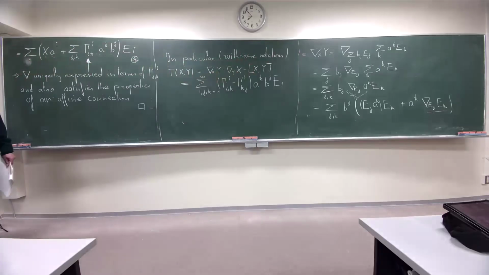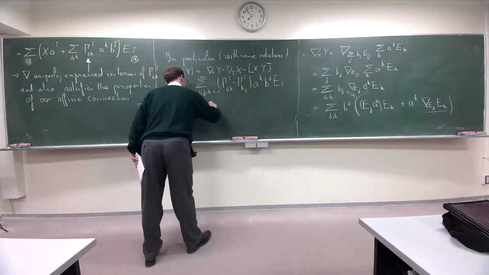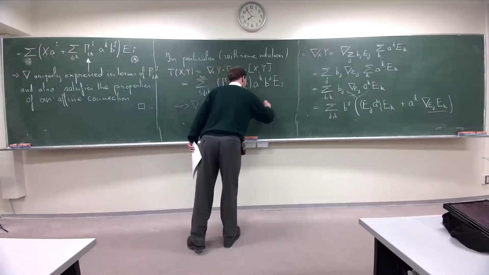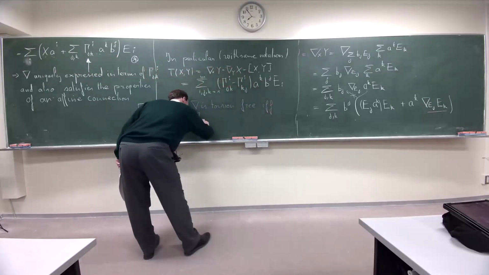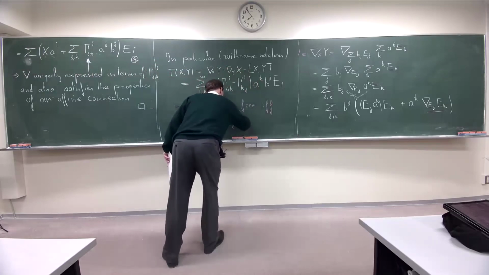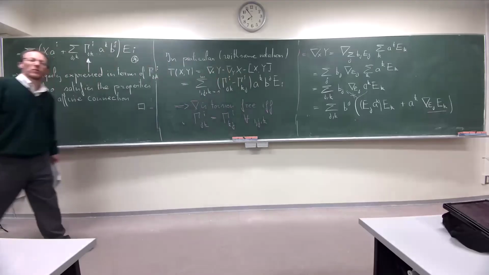You get this conclusion. What do you conclude from this about torsion-free? Yes, but what is a necessary and sufficient condition for being torsion-free? The second term cancels, so it's 0. So from this you obtain that the connection is torsion-free, so this expression is 0, if and only if gamma_kj^i is equal to gamma_jk^i for any i, j, and k. This is the answer to your question.